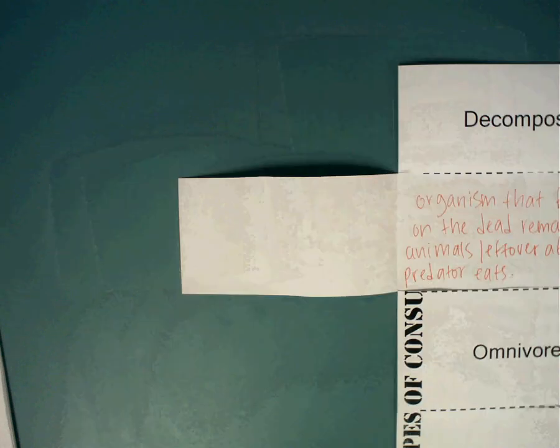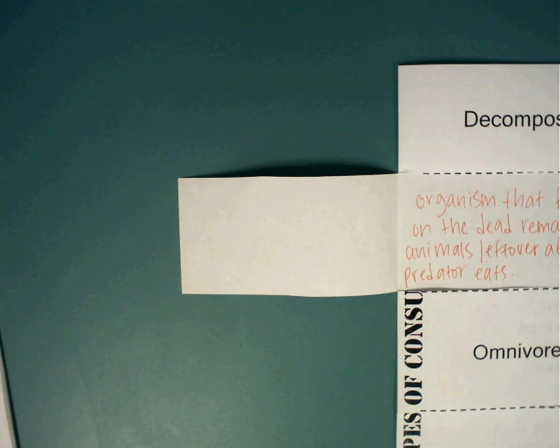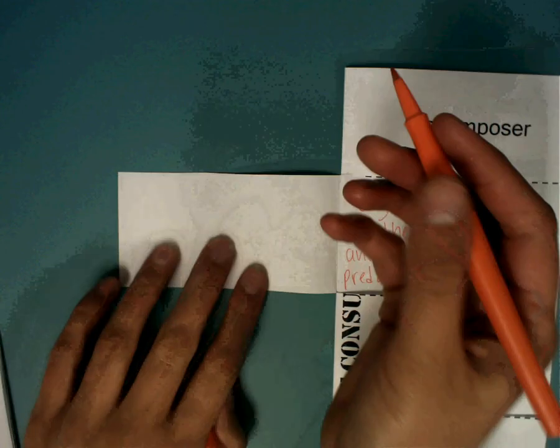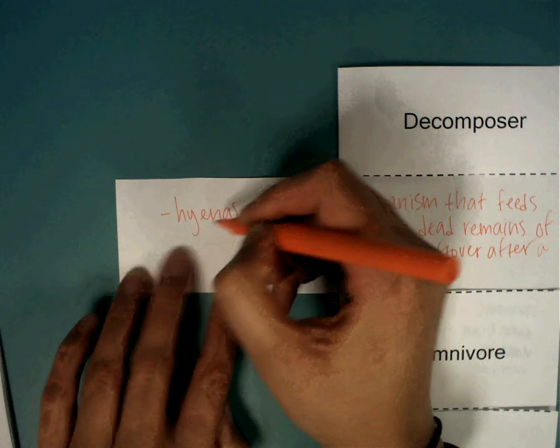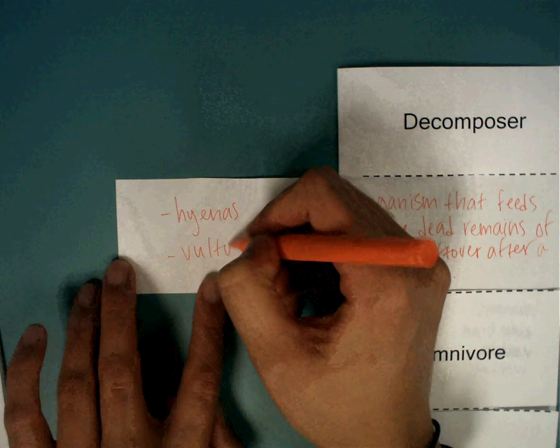So some different scavengers. We're only going to put two examples. We've got hyenas and vultures. Those are our main types of scavengers, okay?